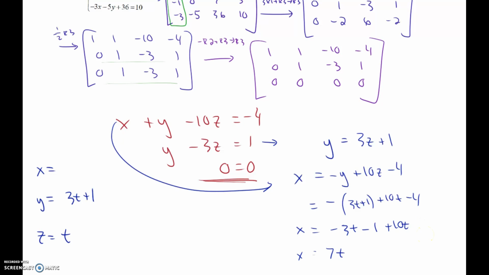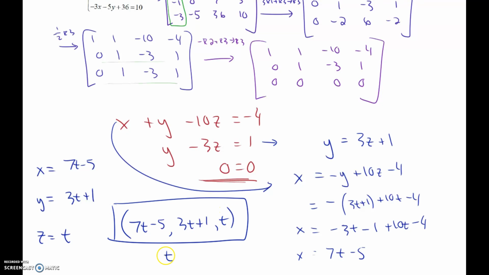Sorry about that, guys. Negative 3t minus 1 plus 10t minus 4 minus 5. So my solution is 7t minus 5, comma, 3t plus 1, comma, t. And if you want to get fancy, you can say for t in the set of all real numbers. But no, you don't need to.